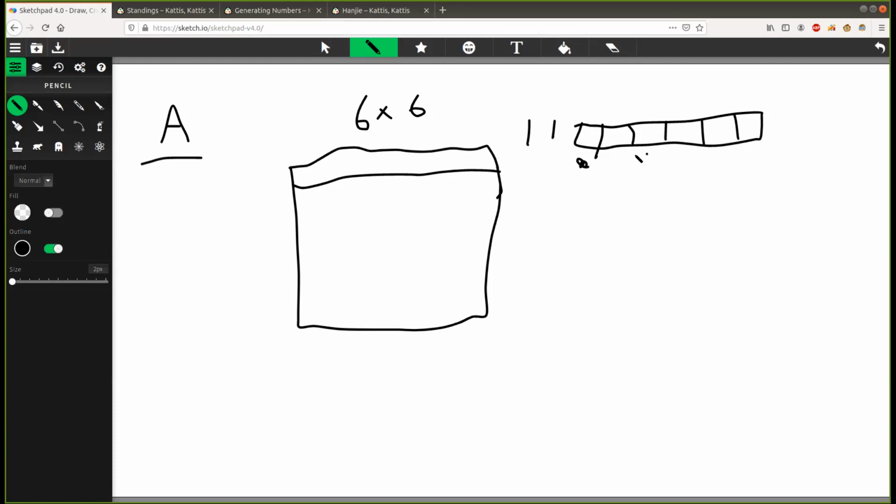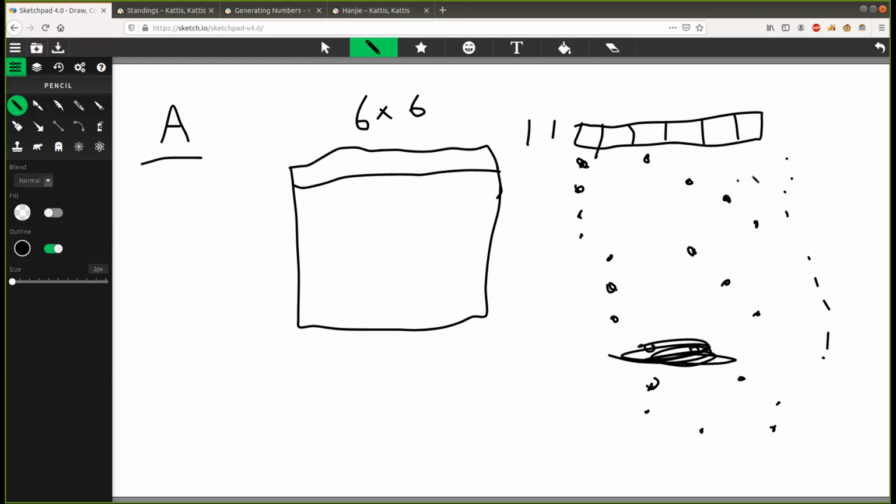You could have it here, or here. So that's 1, 2, 3, 4, 5, 6, 7, 8. Wait, did I miss one? This one's invalid. Yeah. 1, 2, 3, 4, 5, 6, 7, 8, 9, 10. So I found a case where there's 10 for a given row.